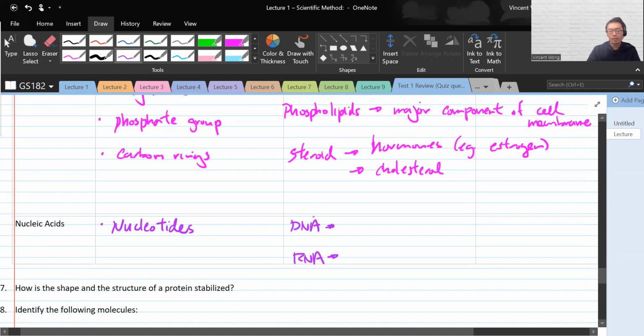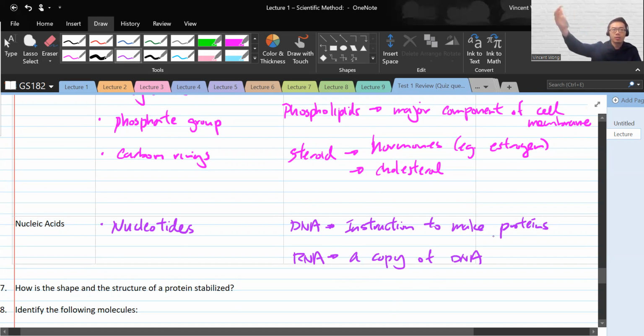You will learn more about it in the second half of the course, but DNA contains the instruction to make protein, whereas RNA is a copy of DNA.